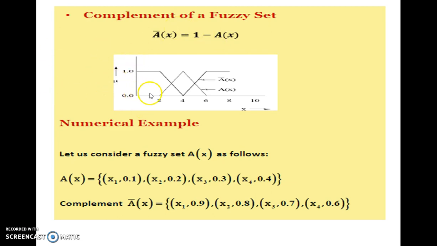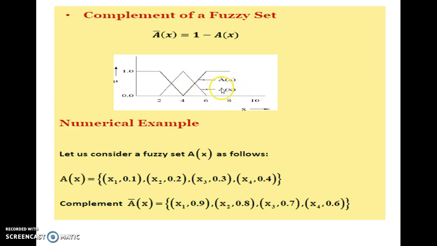This is one way we can represent a fuzzy set, with the membership function value on the y-axis and the data members on the x-axis. The membership function lies between 0 and 1. For x equal to 2, given A of x is 0; for x equal to 4, mu of x for A is 1; for x equal to 6 and above, all the values are 0.